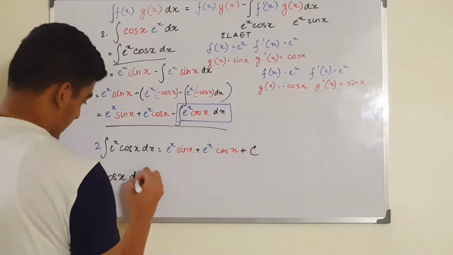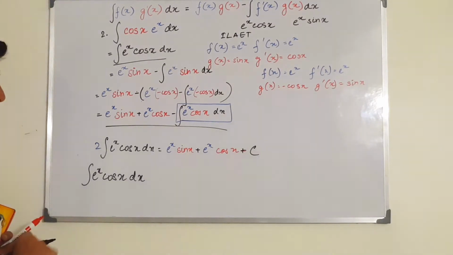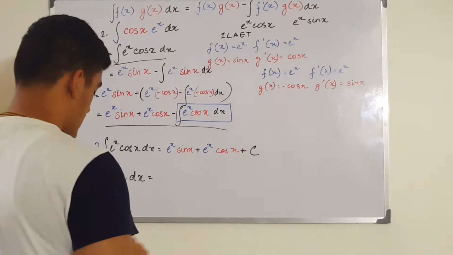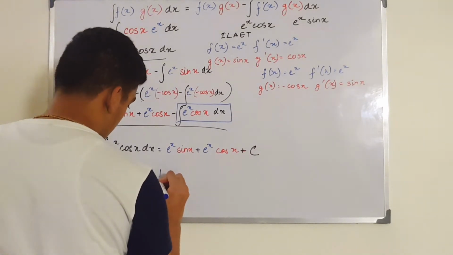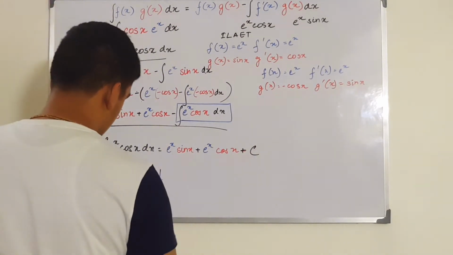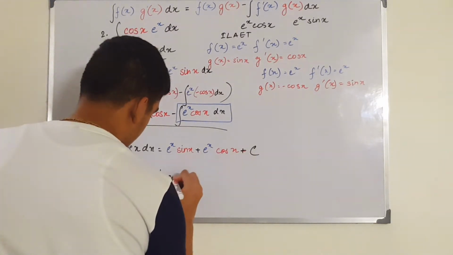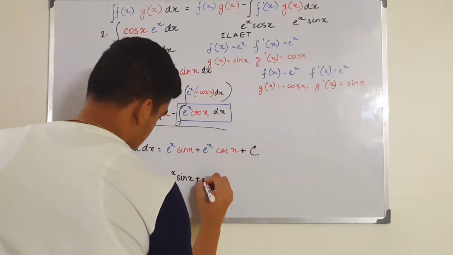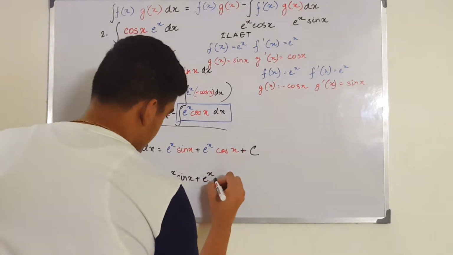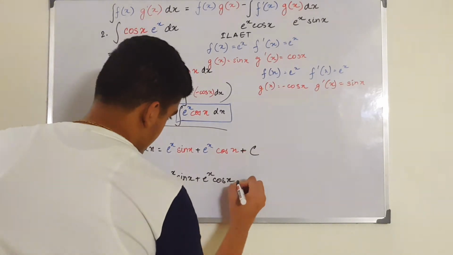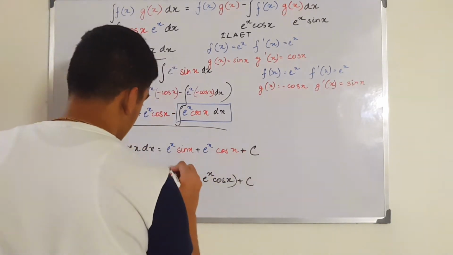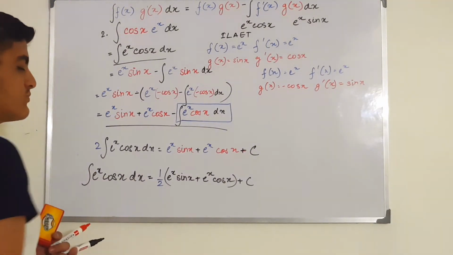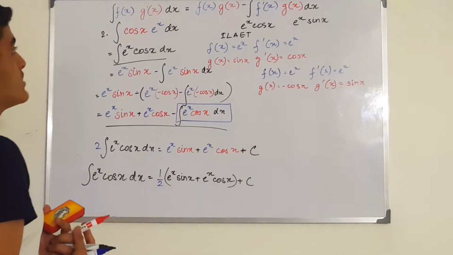The integration of e to the power x cos x would be half e to the power x sin x plus e to the power x cos x plus c. This would be because the half is multiplied with both the terms.